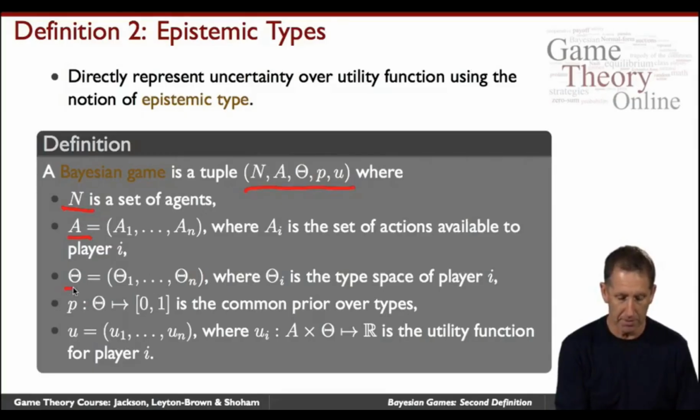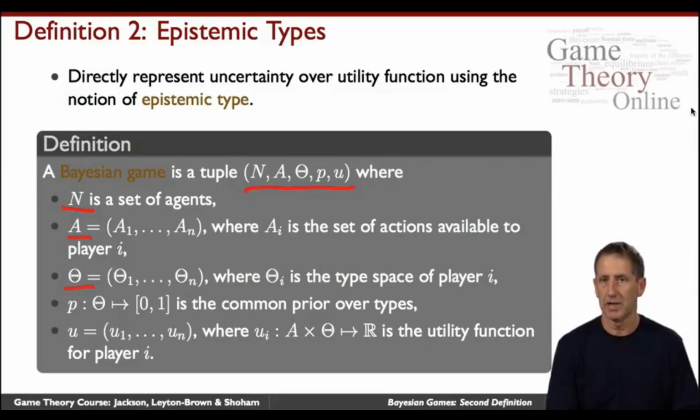And now we have the type, this abstract mathematical object that captures the private information of the agents. So we have a type for each agent. And we have a common prior. As in the first definition of games, we have a common prior, but now it's not over games, it's over types.